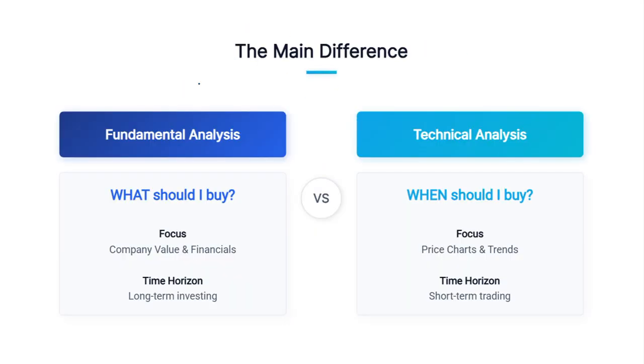The main difference between these two is that fundamental says what should I buy, while technical says when should I buy. Fundamental focuses on the company's value and financials, while technical analysis focuses on the price chart and the trend. Fundamental is for long-term investing and technical is for short-term trading.